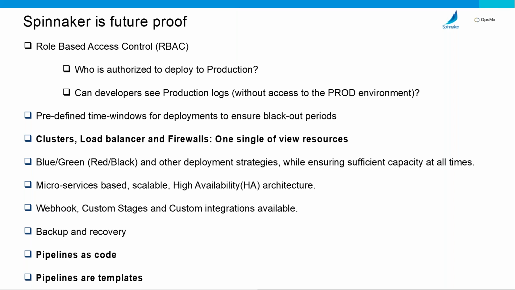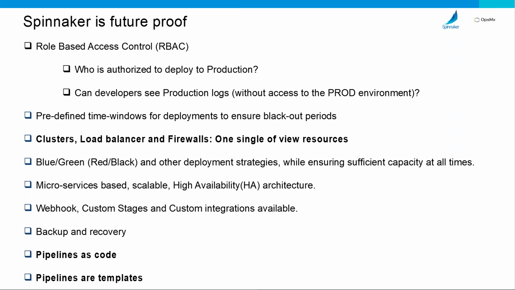The Spinnaker application itself is microservices based. It's highly scalable, high availability architecture. It also has webhook, custom stages, and custom integrations, so it's easily extendable. So if it is not integrated with some particular application you're using now, it should be fairly easy to integrate with that.